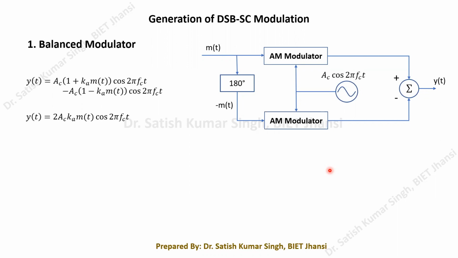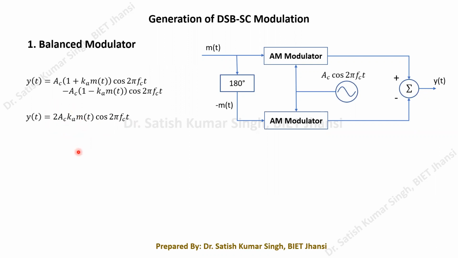So in the last lecture, I have already explained the balanced modulator. So those who have any doubt regarding whether it gives output corresponding to DSB-SC or not because of this factor 2 Ac Ka, please do not bother about it. I have told you that y(t) equals Ac m(t) multiplied with Ac cos 2 pi fc t, and here we are getting this another factor like 2 and Ka.